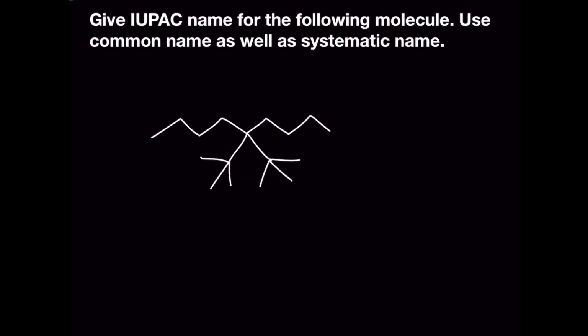Alright, let us look at one more example. So, here the question is, give the IUPAC name for the following molecule, using the common name as well as the systematic name. So, let us first use the common name and then later on we will use the systematic name. But first we need to figure out the long continuous carbon chain.